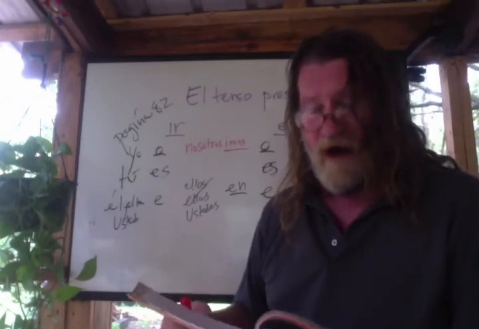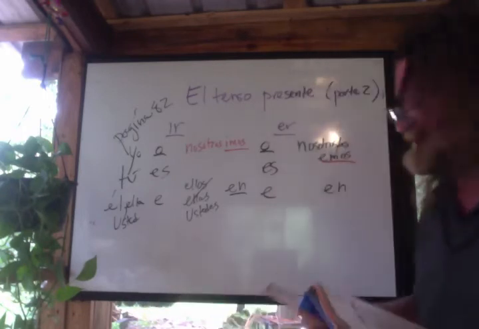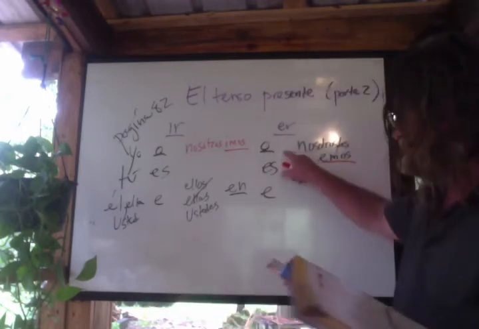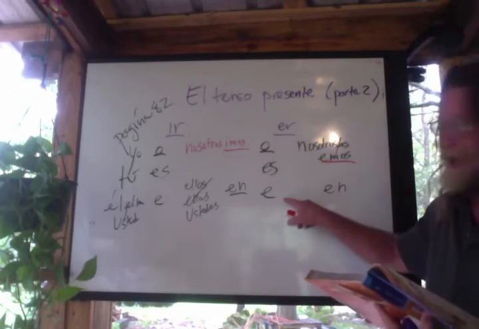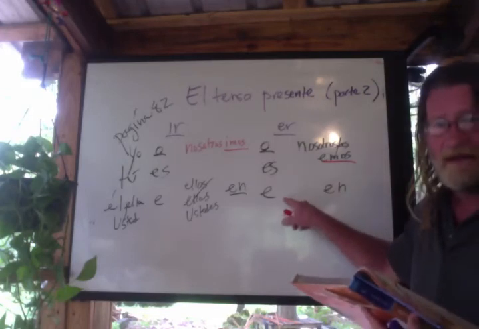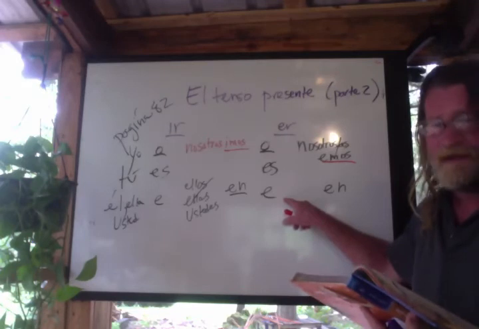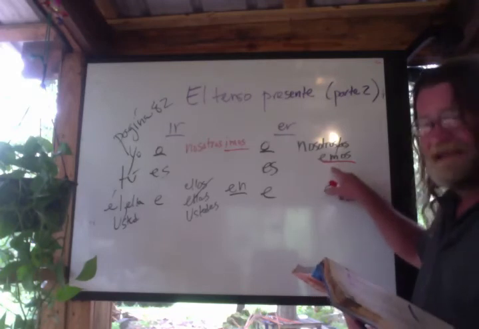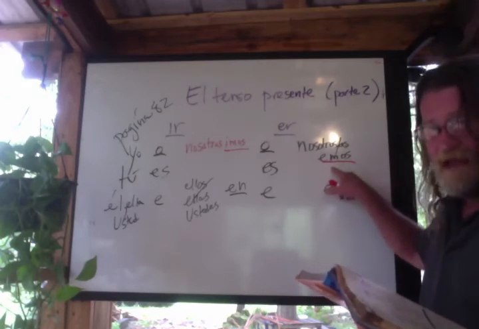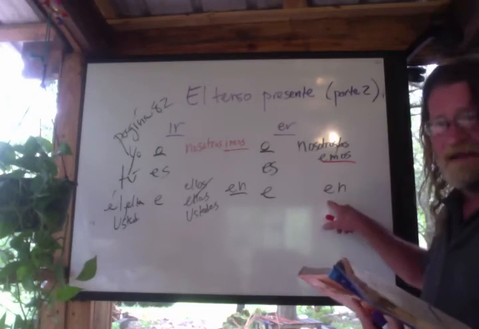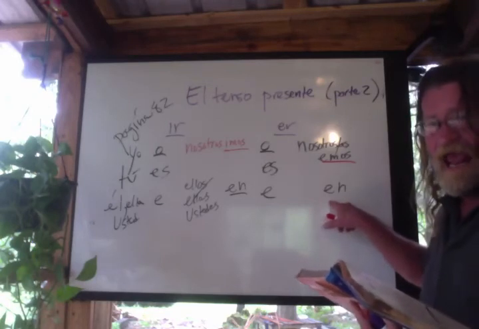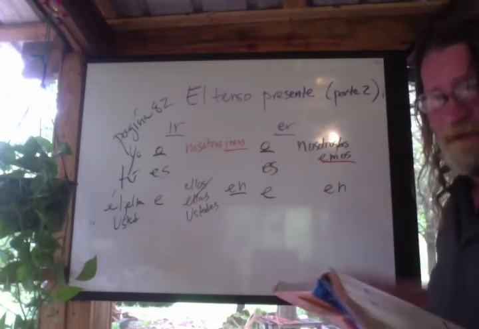Okay, let's go to aprender, which is the next on page 82 of the verbs. Yo aprendo, tú aprendes, él aprende, ella aprende, usted aprende, nosotros aprendemos, nosotras aprendemos, ellos aprenden, ellas aprenden, ustedes aprenden.